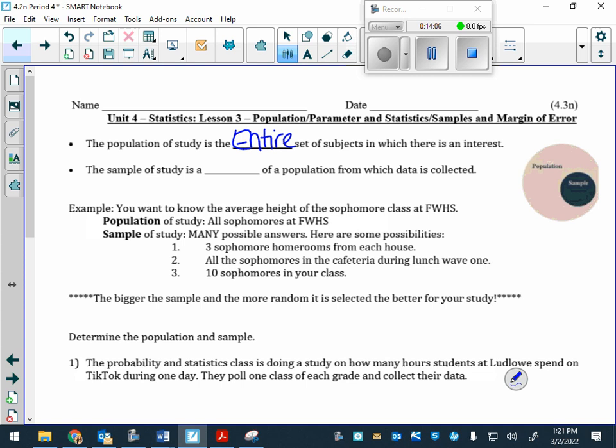The sample is a part or a piece of the population. So if our population is all Ludlow students, a sample could be juniors. A sample could be Warner House. A sample could be this class, okay? So it's a part of the population, okay?